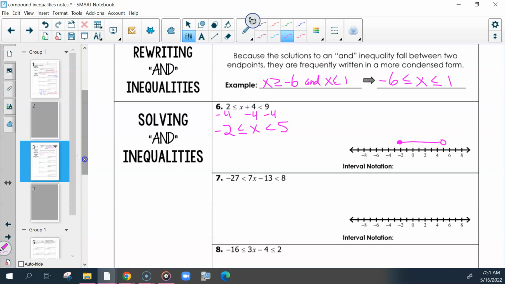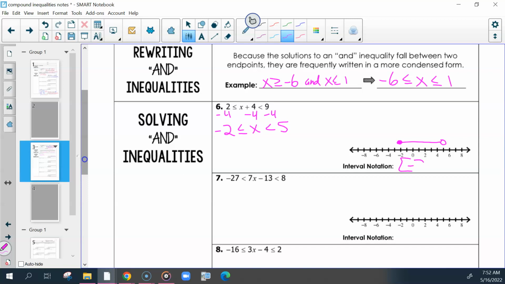And then how would we write our interval notation? Where would this start? Where would this end? -2, would there be a parenthesis or a bracket?